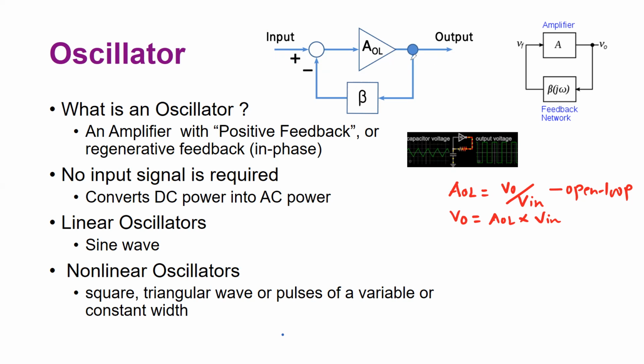Why do we need a closed loop system in an amplifier? Because we want to improve the linearity of the output. We want to reduce the distortion in the output signal. We want to increase the bandwidth of the amplifier so that the range of frequencies can be amplified without any problem.